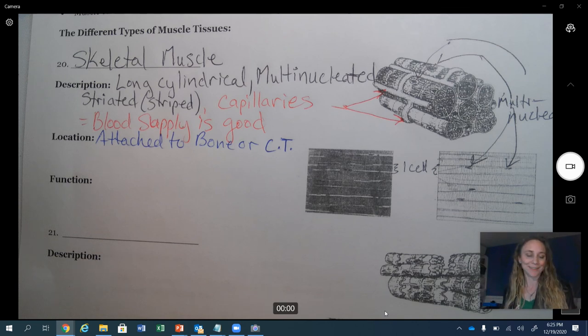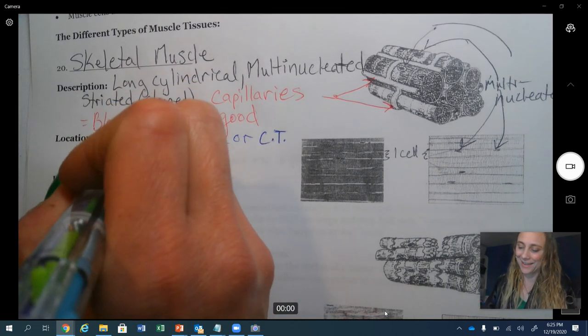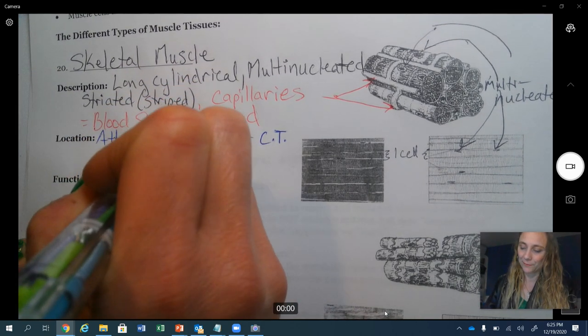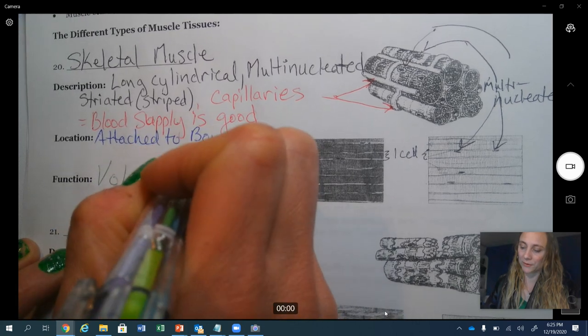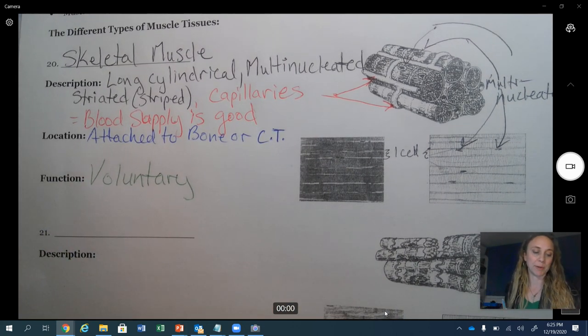So you can smile. It's voluntary. So you're thinking about doing it and then you do it. It's not like something happens and you're like, whoa, I didn't know that was going to happen. I mean, generally voluntary. We do have spinal reflexes, like jumping back when something's hot, but that's skeletal muscle.